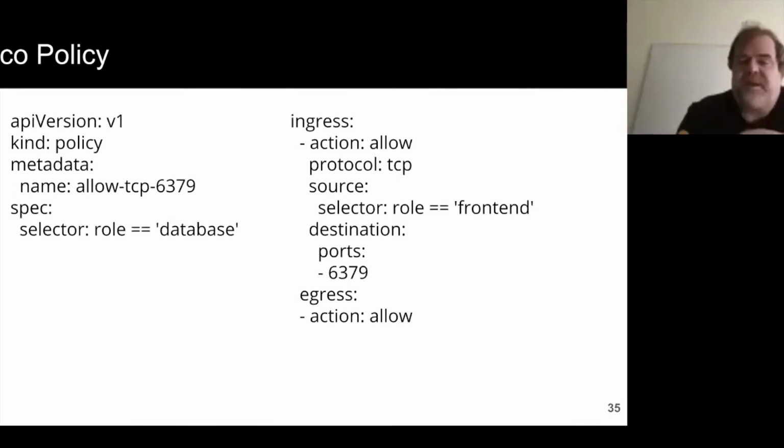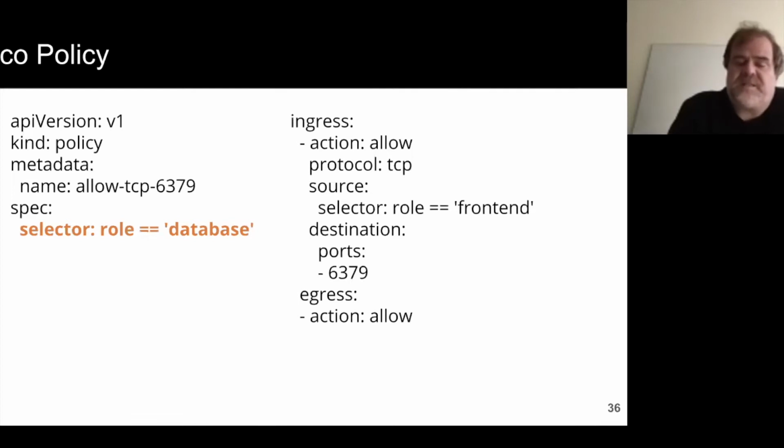And the policy might be it's an ingress filter, so it's filtering traffic coming in. It's going to allow traffic from things labeled role front end to port 6379.